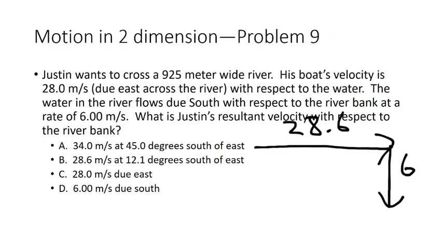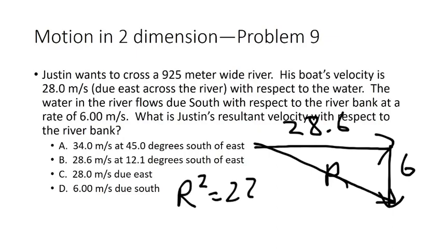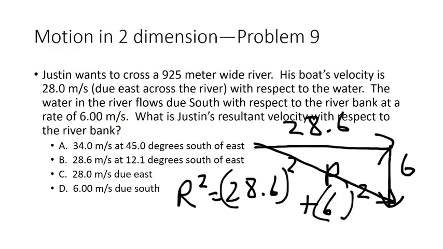We're going to draw in our resultant from the tail of our first vector to the tip of our second vector. And we're going to solve for r using the Pythagorean theorem. So r squared is going to equal 28.6 squared plus 6 squared. We're going to solve that out for r. And when we do, r is going to equal 28.6.